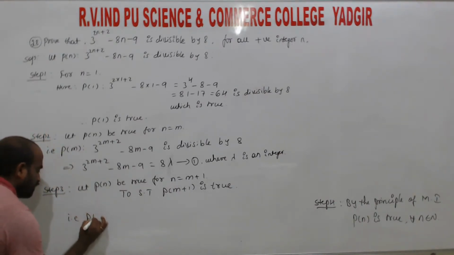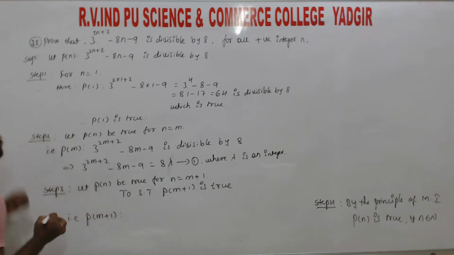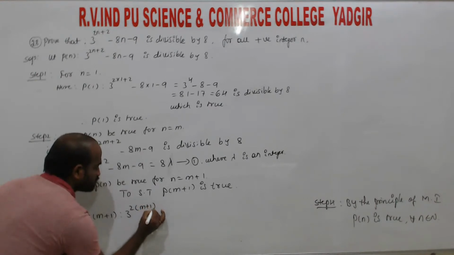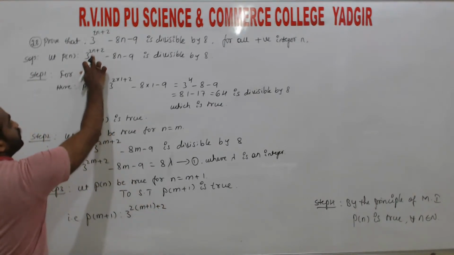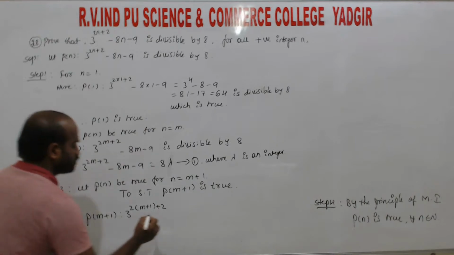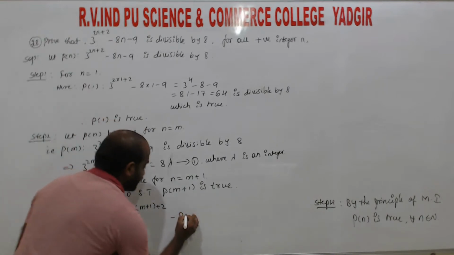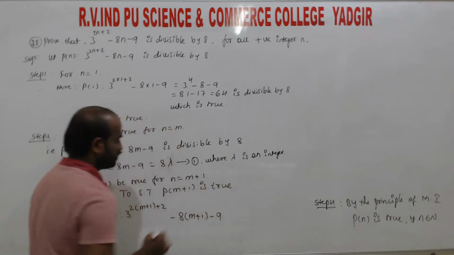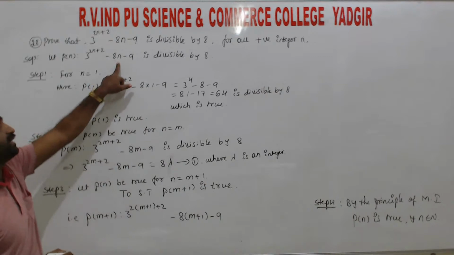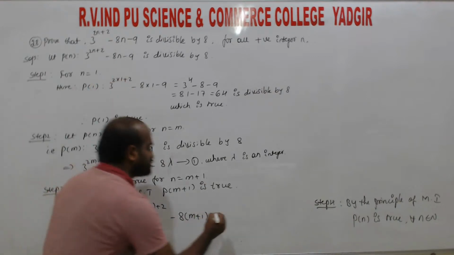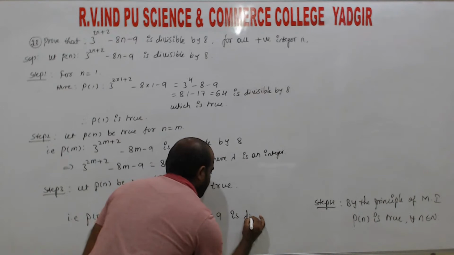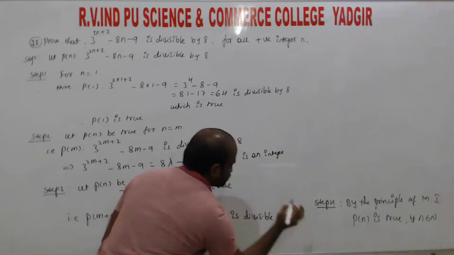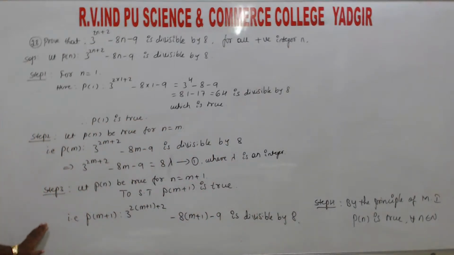That is, P of m plus 1: 3 to the power 2 into m plus 1 plus 2 minus 8 into m plus 1 minus 9 is divisible by 8. This we have to prove.